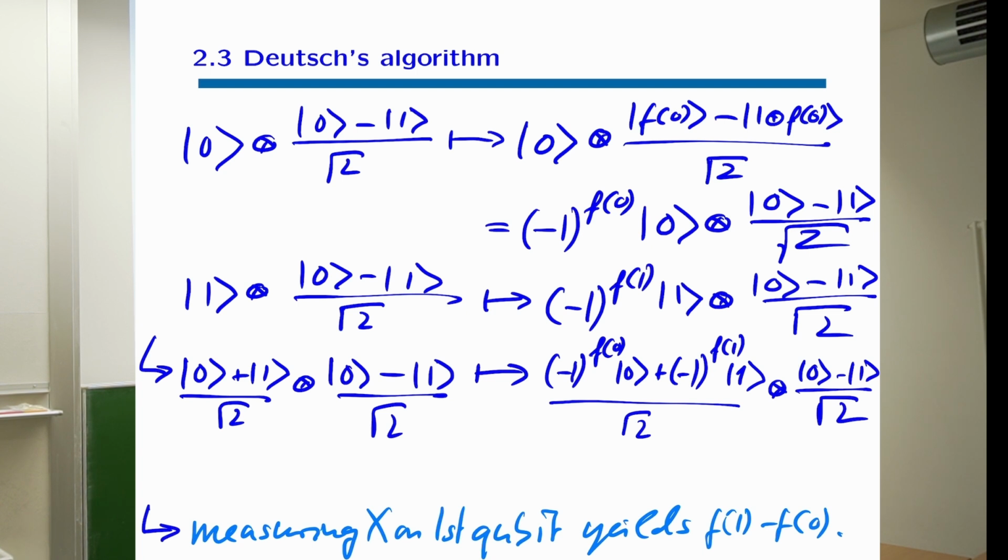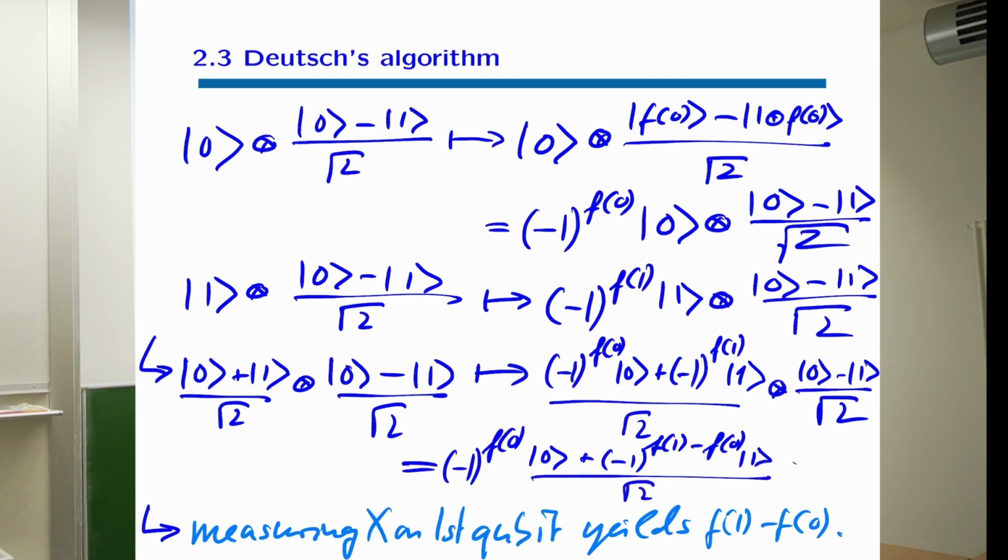So let me rewrite this expression a little bit. (-1) to the power f of 0, now comes the first state, 0 plus (-1) raised to the power of f of 1 minus f of 0, state 1, tensor product with the second qubit, which is just a bystander in this calculation.